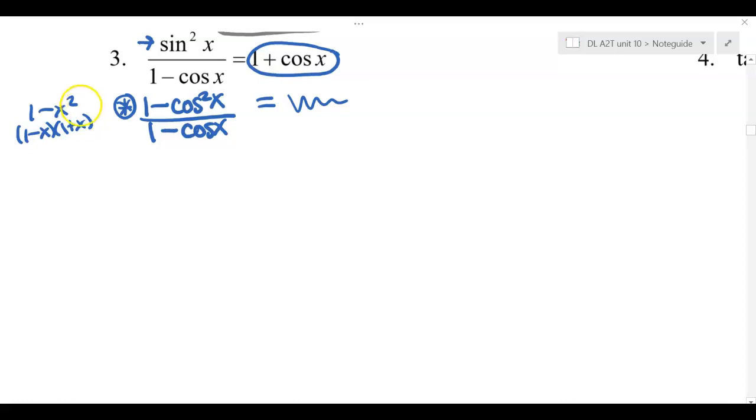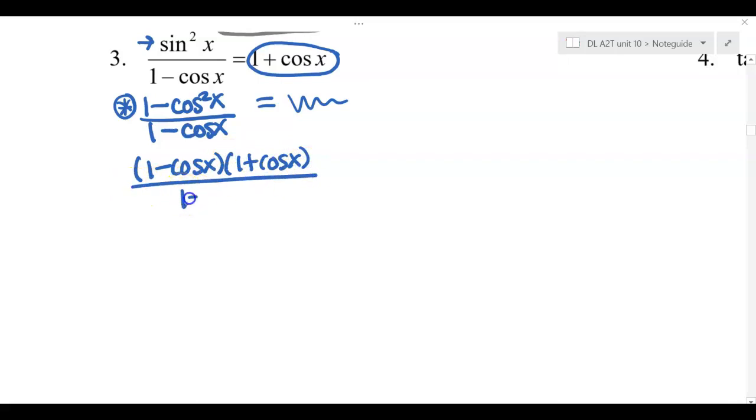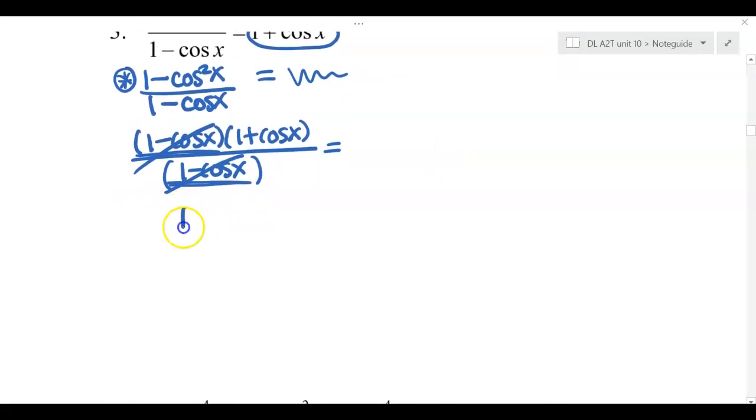Except it's not x's, it's cosines that are being squared. So that factors as 1 minus cosine x times 1 plus cosine x. Then I can see there is a matching factor in the numerator and in the denominator, and those matching factors can cancel out. And I'm left with 1 plus cosine x, which is what I was supposed to prove that could be equal to.